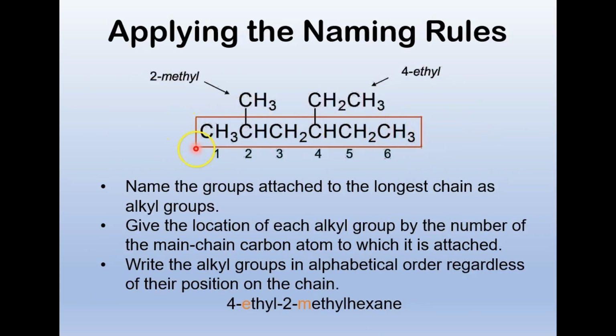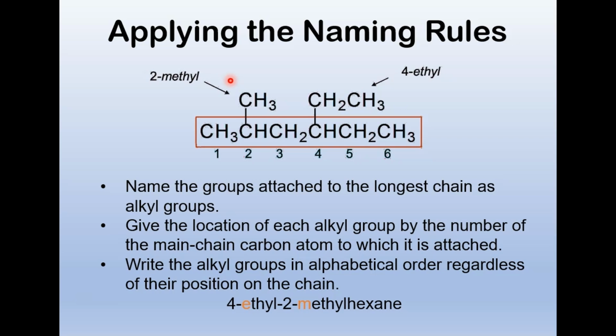So here's a chain, and maybe the first thing I would do is go 1, 2, 3, 4, 5, 6. How am I going to choose where I want to start and end?